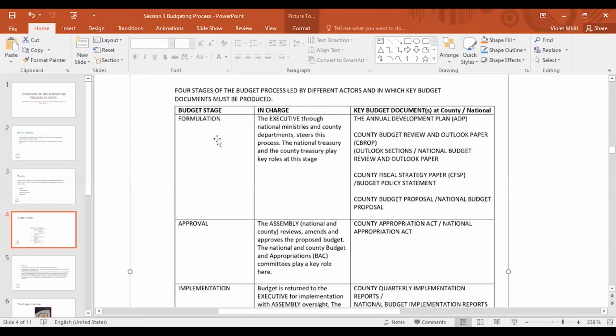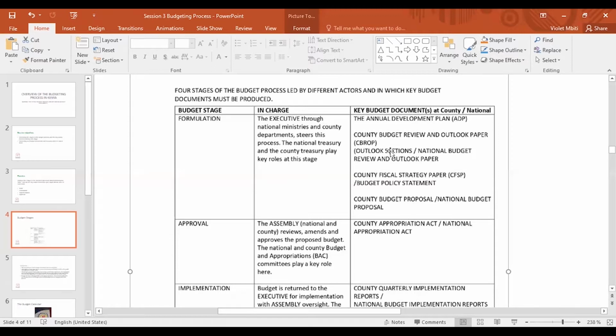So during the formulation stage, the executive through national ministries and county departments steer this process. The National Treasury and the County Treasury play key roles at this stage.